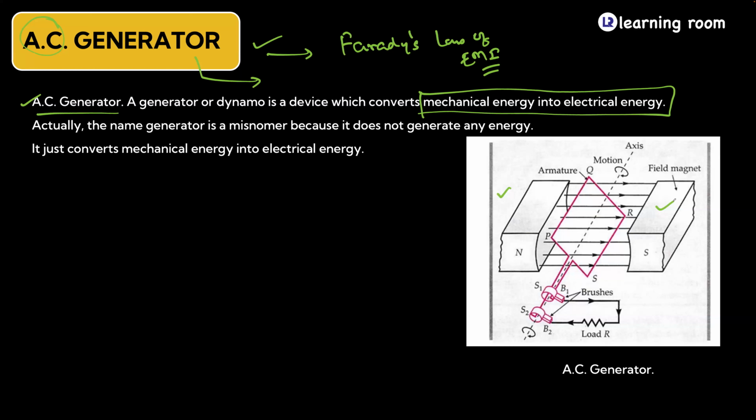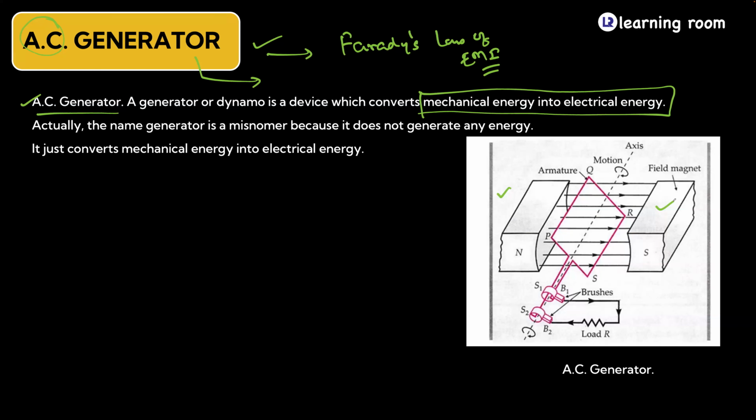When I put this coil into rotation, between t equals 0 to some time t, the coil has turned from 0 to 90 degrees. So when the coil has turned from 0 to 90 degrees, what is the change in the areal vector? Initially, the angle is 90, and when it has turned like this, it will be 0.